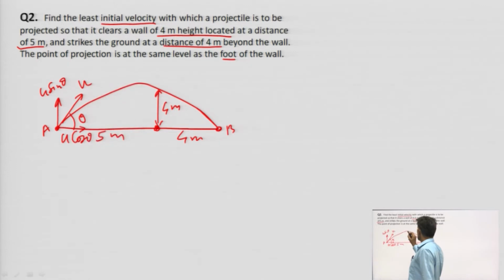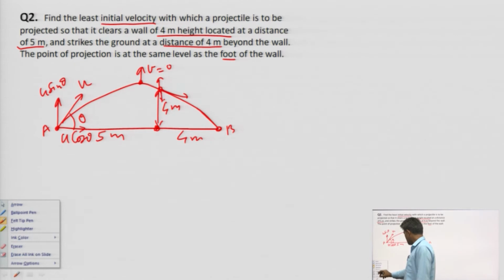At the maximum height point, the vertical component of the velocity v is equal to 0, no problem. But here the vertical component of velocity will not be 0.